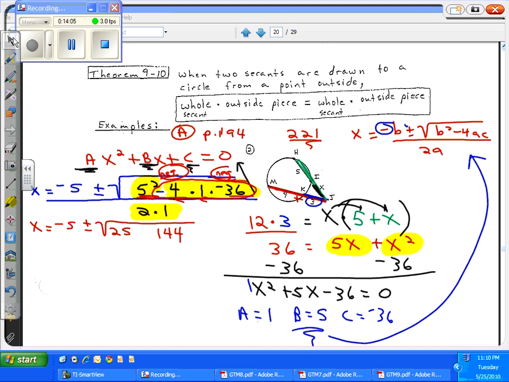When you multiply or divide with an even number of negatives, the answer is positive, so we put a plus right there. All over 2 times 1 is 2. Now we're going to combine like terms.